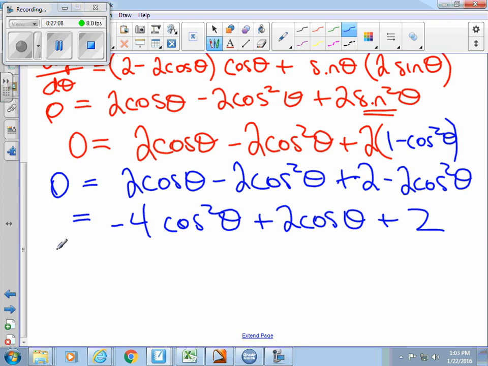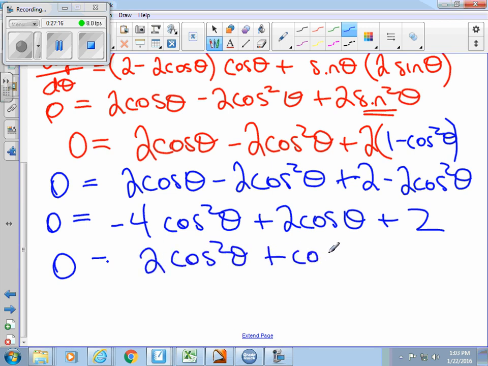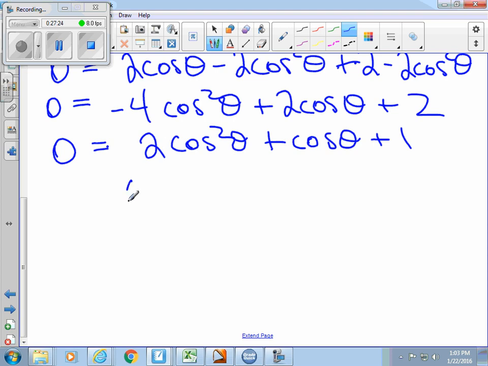I would divide everything by negative 2. Why would I divide everything by negative 2? Nobody likes negatives in front of quadratics. And then we have a greatest common factor. This does not factor, so therefore this is a calculator problem.